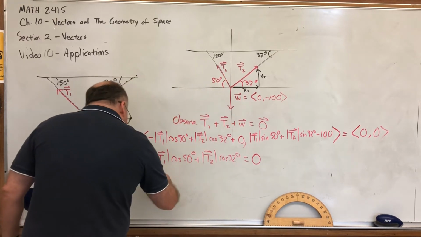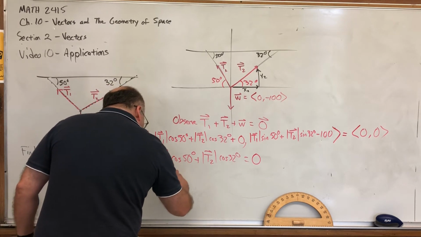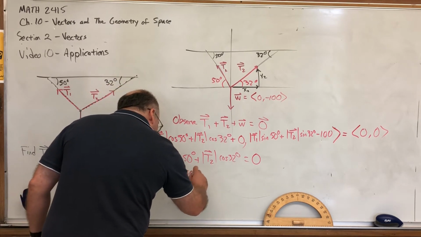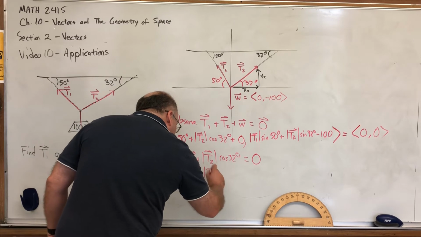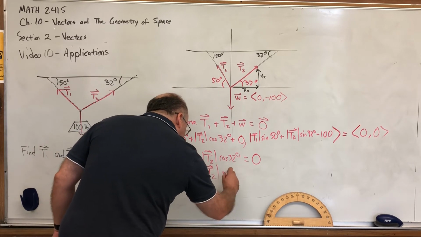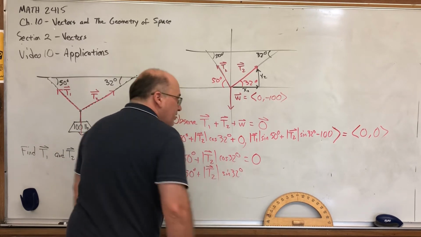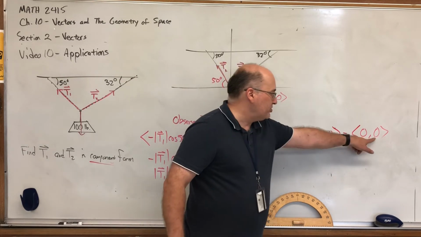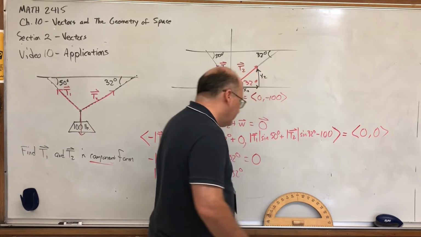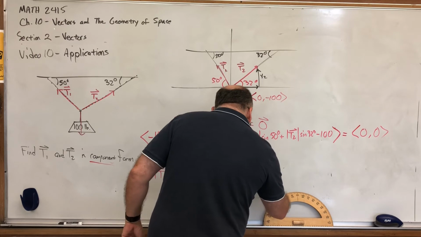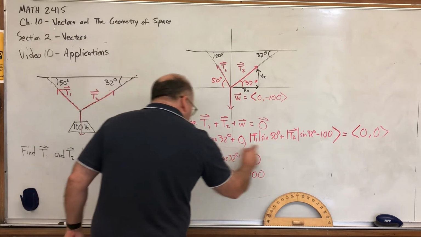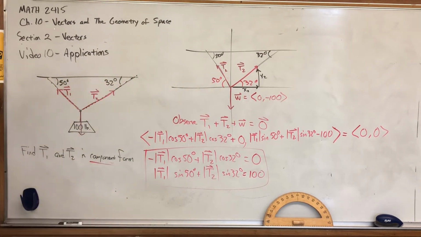And we have magnitude of t1 times sine of 50 degrees plus magnitude of t2 times sine of 32 degrees, minus 100 equals 0, but let's go ahead and add the 100 to the other side. Now I'm putting a box around this, and it's not because we're done. I'm putting a box around it for emphasis.